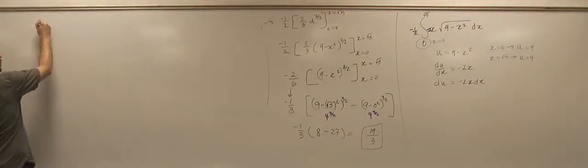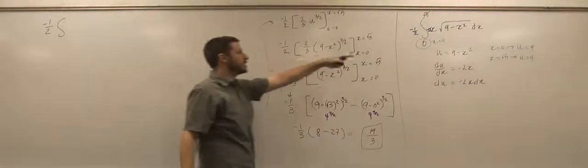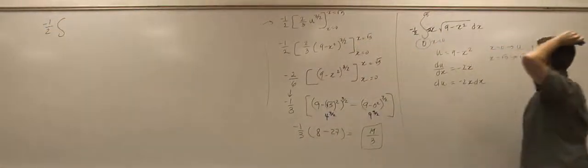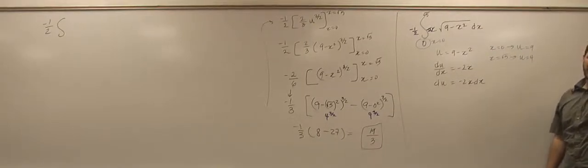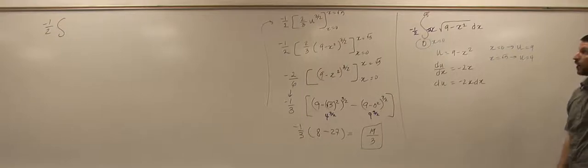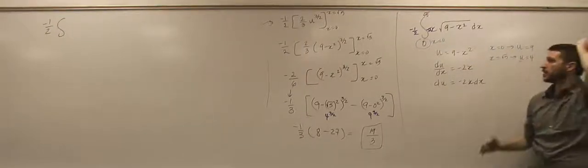So what my integral will have the -1/2 out front, but instead of going from 0 to √5, what will it go from? 4 to 9. Should I do 9 to 4 or 4 to 9? 9 to 4. Right, the 0 corresponded to 9, so I should put 9 on the bottom.